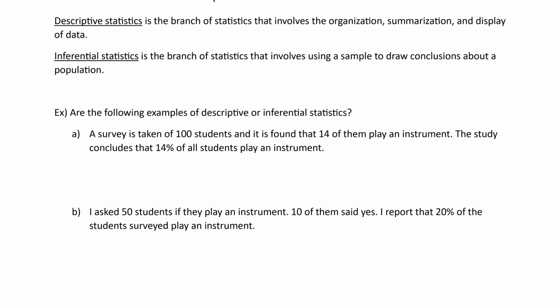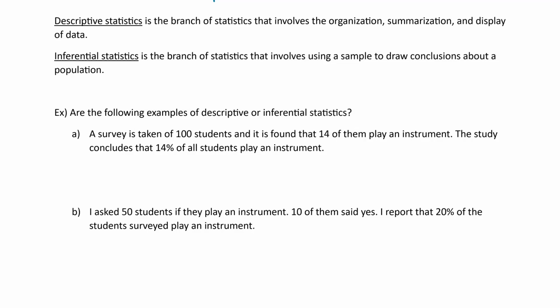So the difference here is that descriptive is just telling you, here's the data. It might present it in different ways, it might do some stuff with it, but it's all just based on that data. Inferential statistics is trying to take some data about a sample and draw conclusions about the bigger population from it. So if you're trying to draw conclusions that are bigger than just the study you did, that's inferential.